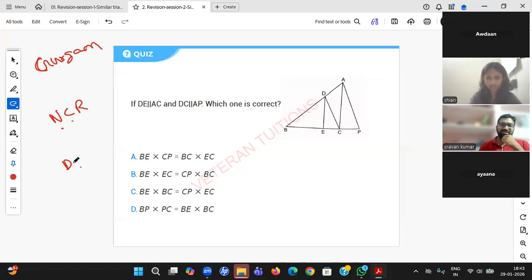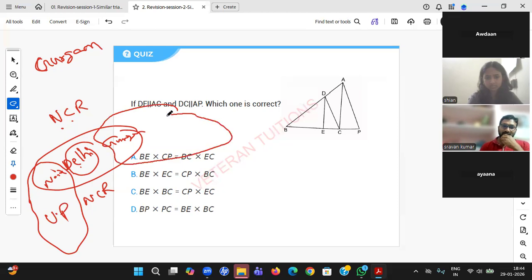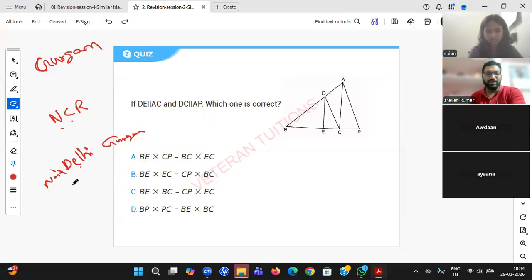For Delhi, they took Gurgaon and Noida and added all of them and made NCR. So you can't say Noida is in Delhi. Noida is in NCR, and Noida is a part of UP. NCR, not NCT. Gurgaon is in Haryana. This is how they are. So Noida is not in Delhi; Noida is in NCR, and you can also say Noida is in UP.